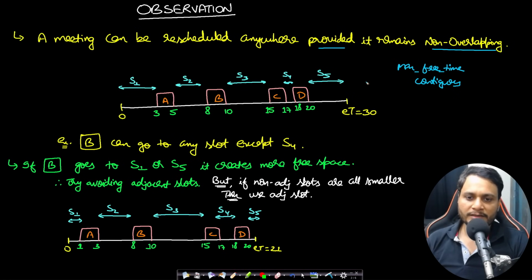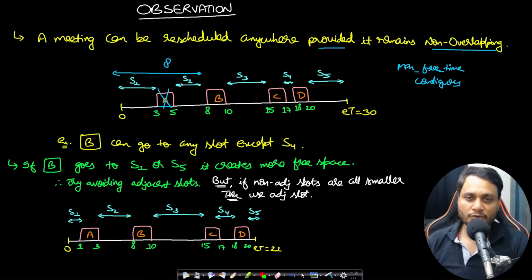If you want to do that, then the problem is asking about rescheduling the meetings, and the reschedule must happen in a non-overlapping fashion. Now, if I think about rescheduling, let's say meeting A, if I take out this meeting A altogether, then S1 and S2 will combine together, and the free space will be 8 minus 0, which will be 8.